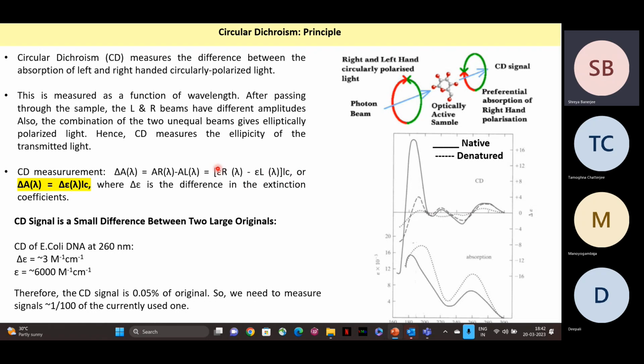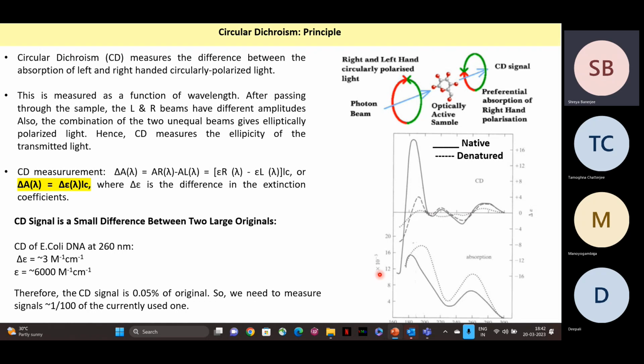So then you get epsilon R minus epsilon L, which is written as delta epsilon. Here epsilon is the molar absorptivity or extinction coefficient. So this delta A, or the difference in absorption of the left and right polarized light, is basically what is measured in CD. In CD, this delta A is actually very small.